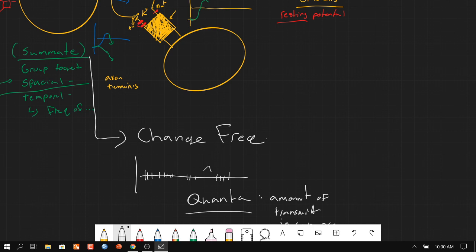So the amount of transmitter produced changes the quanta. Anytime we change the frequency of a cell, it changes the quanta, the amount of transmitter present. That's the whole reason we have action potential, is to change what's going on inside this presynaptic terminal, axon terminal, end bulb, terminal button, same thing.